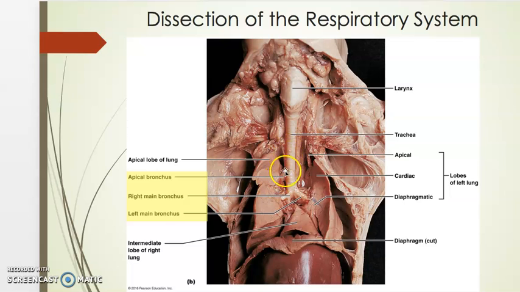One right here that you don't have room for on the left side because the heart is there, and one that's farther down here. And then, in fact, this will be known as the apical bronchus, like apex, like top. Apical bronchus, then the right main bronchus, and this is going to be that left main bronchus. Just to know that as well.